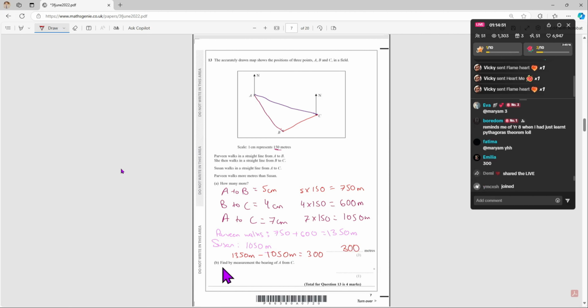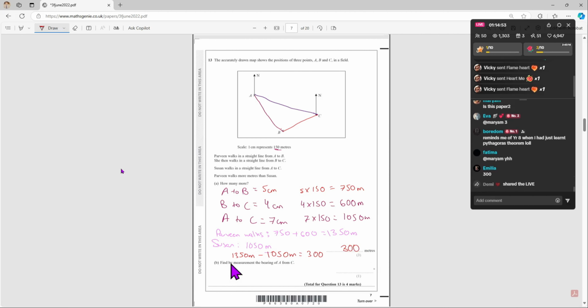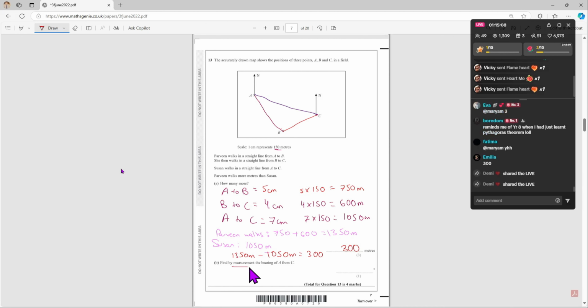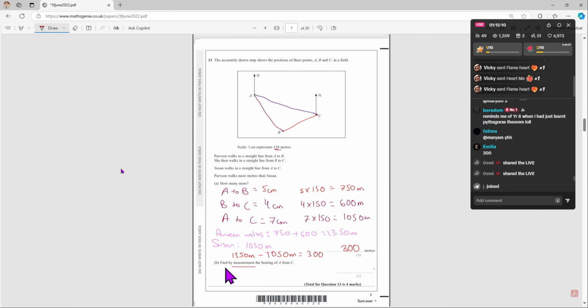So now, for part B, find by measurement the bearing of A from C. The bearing of A from C. So first of all, you guys should know that when it says measure, what tool are we going to be using? Are we going to be using a ruler?